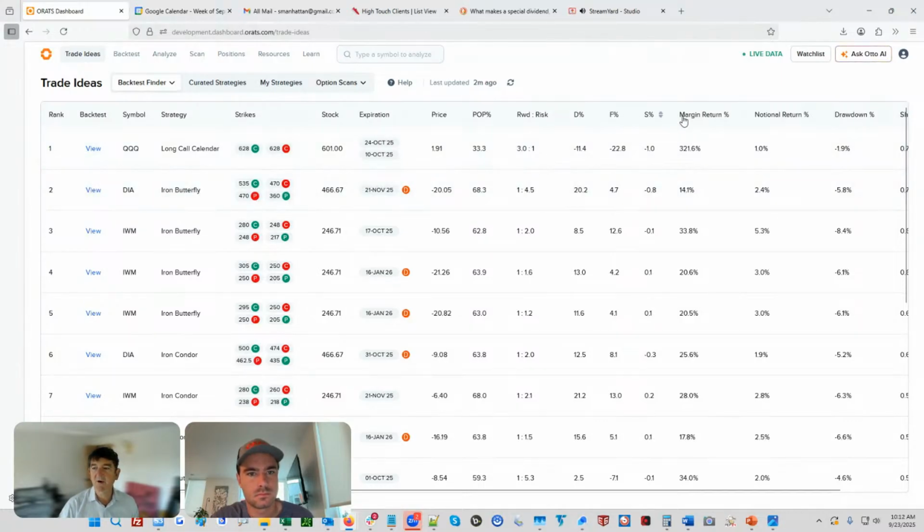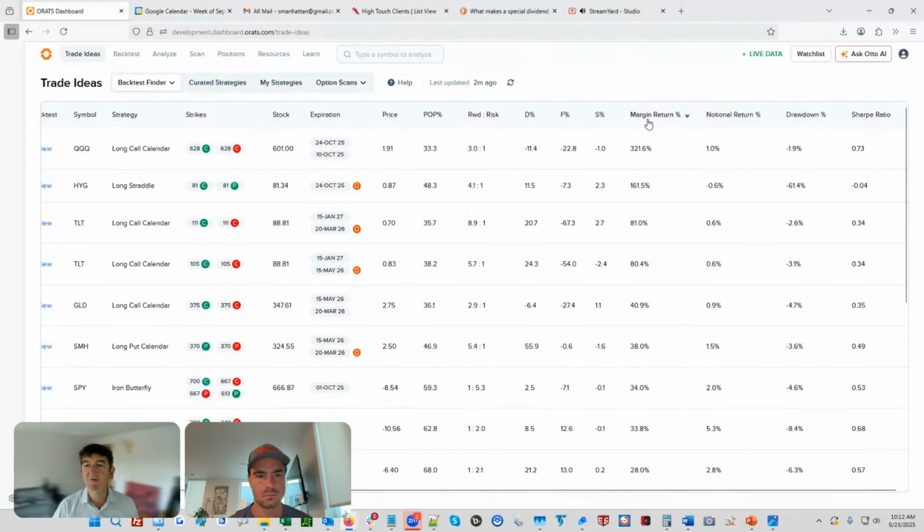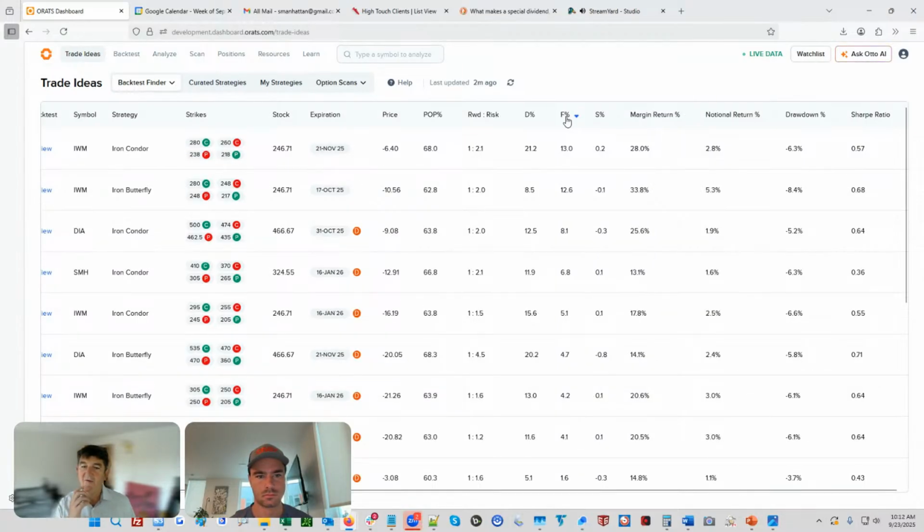But I could also sort on a number of different factors here. Right now I could sort on Sharpe ratio. Sharpe ratio is your return divided by the volatility. But I could also look at just the margin return. What's the biggest margin return? Or I like to go by our forecast edge.